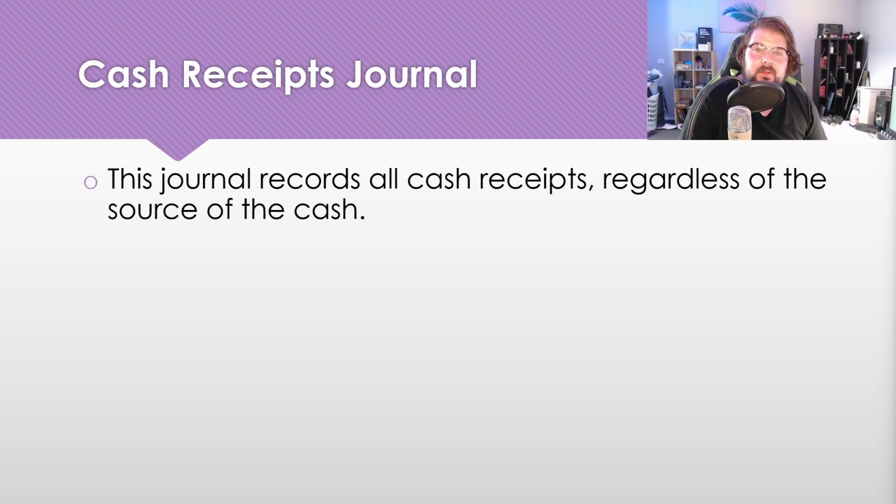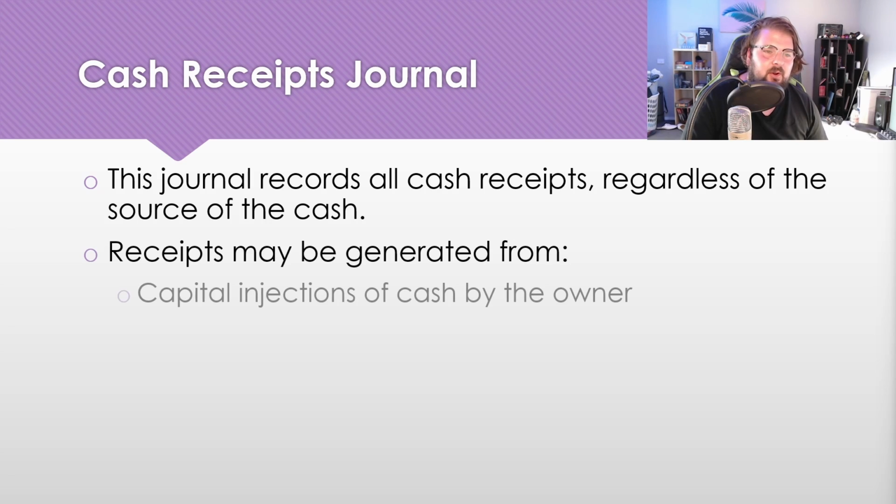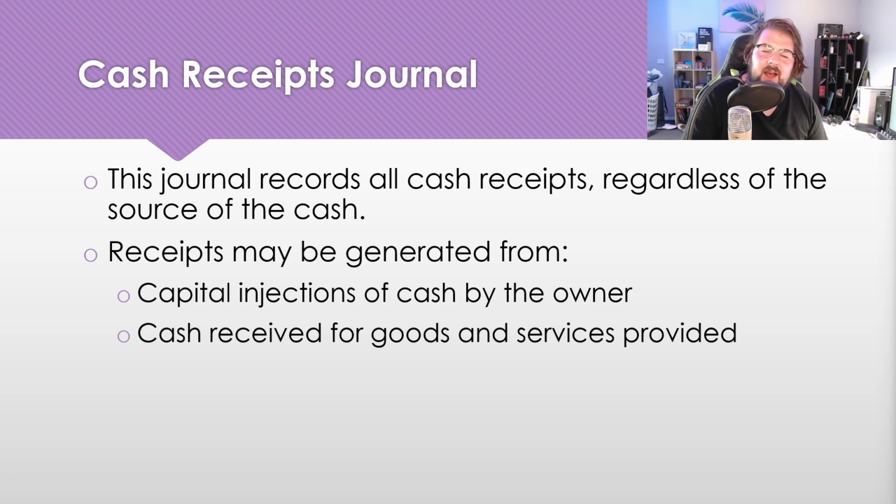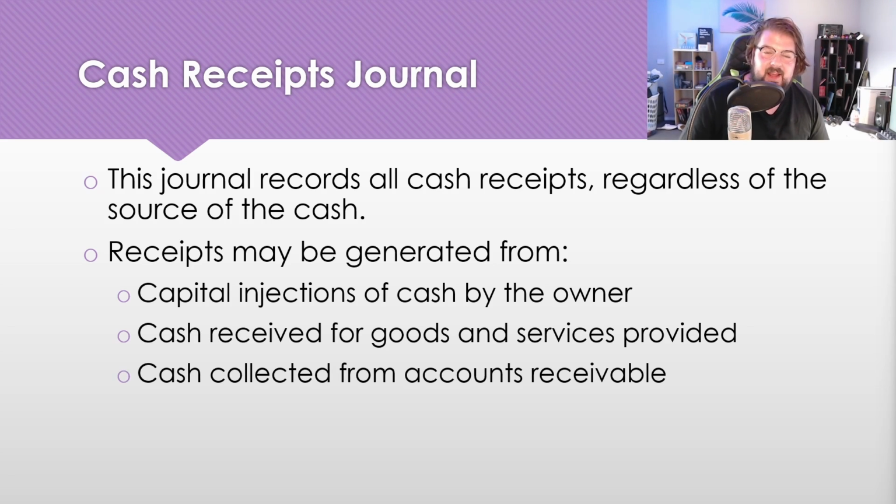And we know that receipts are often generated from capital injections, from cash received from goods and services that we provide. It might be cash that we've received from accounts receivable, so people that we've given goods or services to, and we're just waiting on the cash to come in.